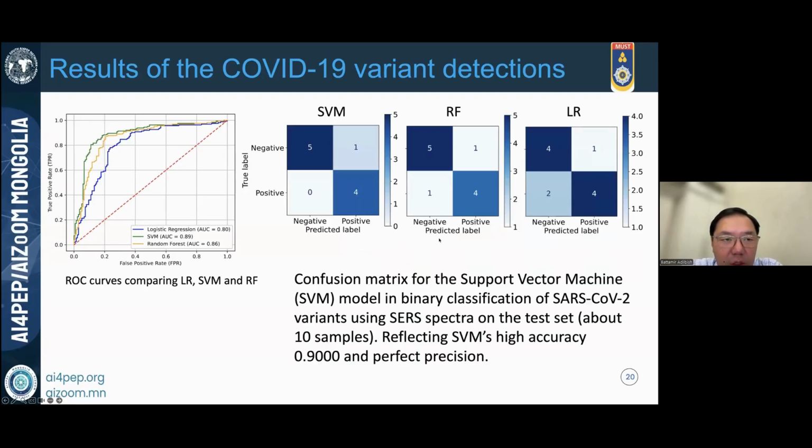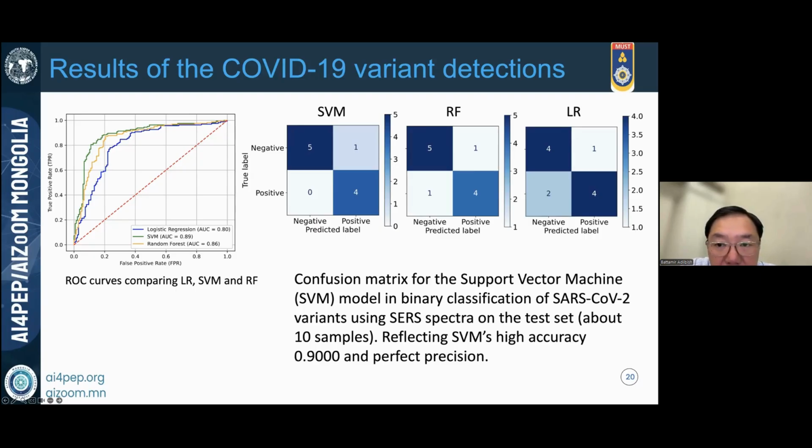If I show the result in a different way, to further evaluate the model reliability, we used the ROC curves and measured the area under the curve. Here, the SVM scored 0.89, RF scored 0.86, and LR scored 0.80.